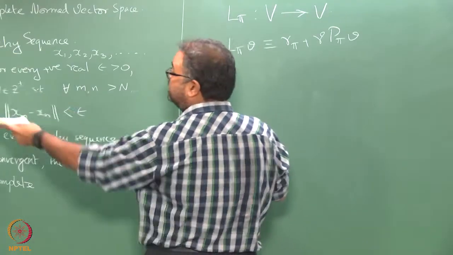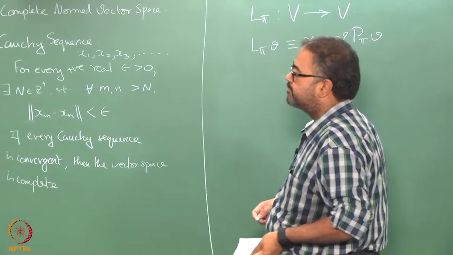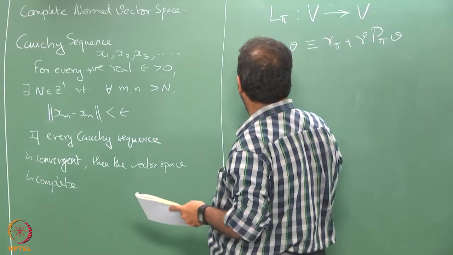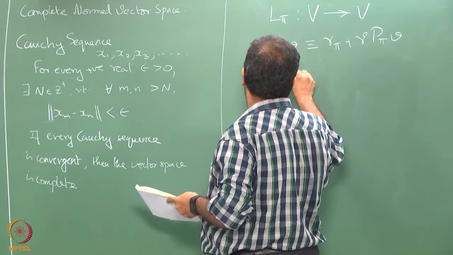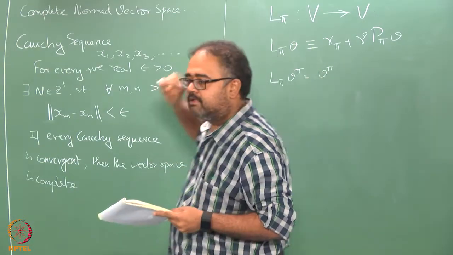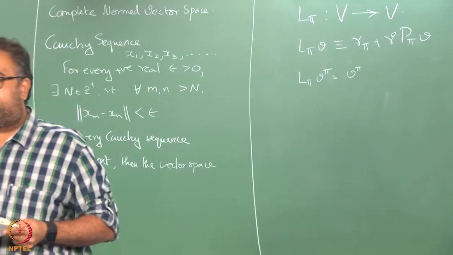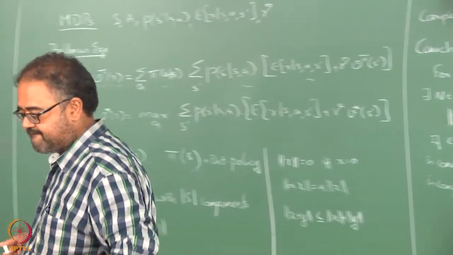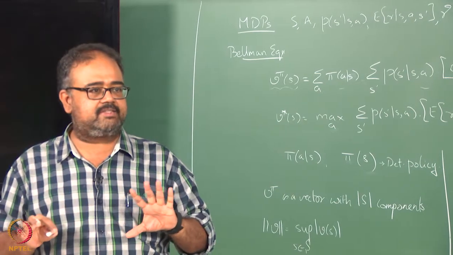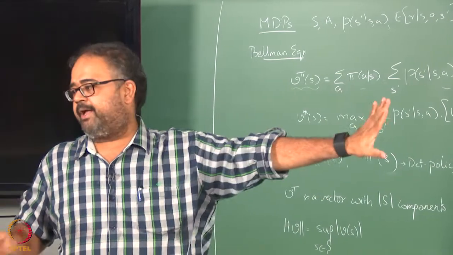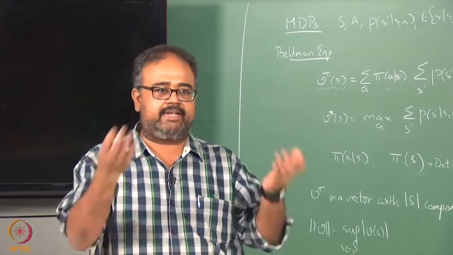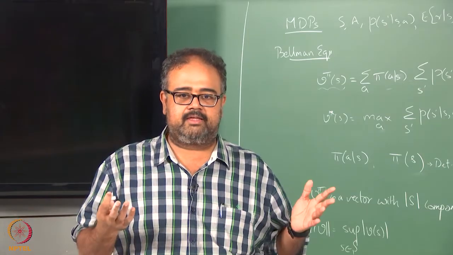So what does my Bellman equation tell me? If you think about it, the Bellman equation tells me that, essentially, I take this point V pi in the space capital V, I apply the operator L pi on it, and whatever it gives me back will be V pi.